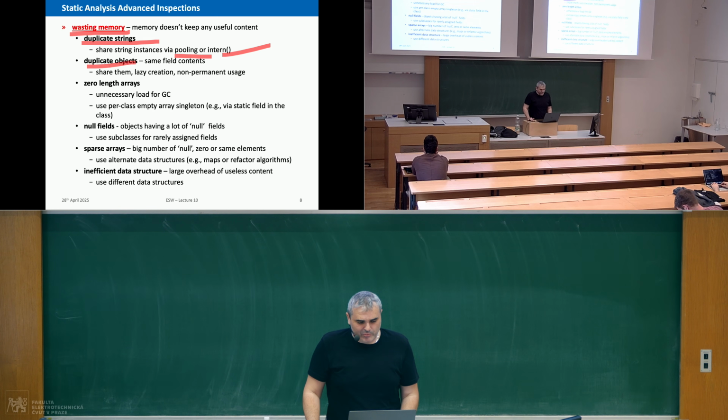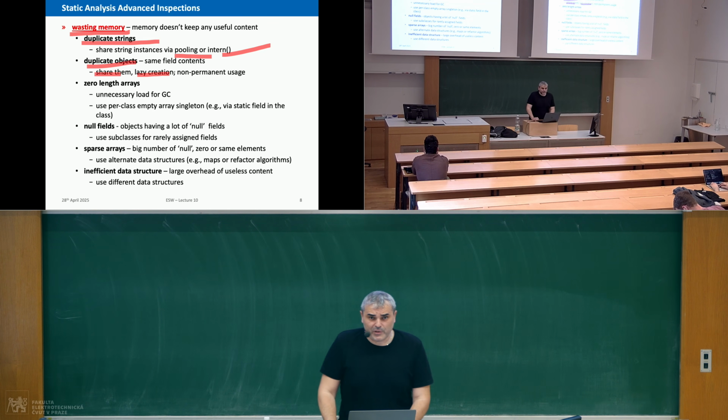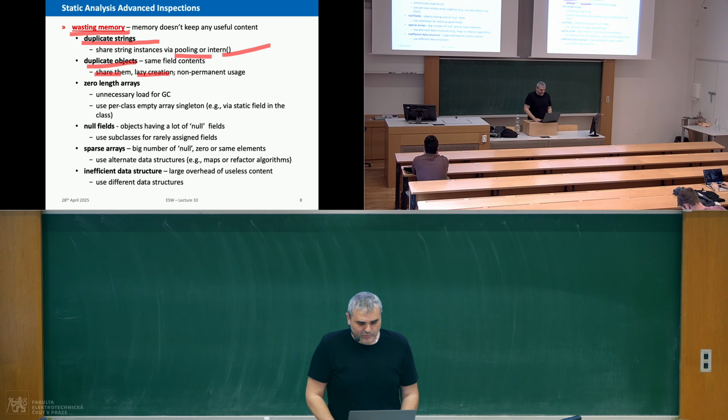The same is applicable to any general duplicate objects. They have the same content in all fields. Again, you should consider sharing them or performing lazy creation, creating them once they are needed, not keeping them forever, etc. Another common mistake is zero-length arrays.